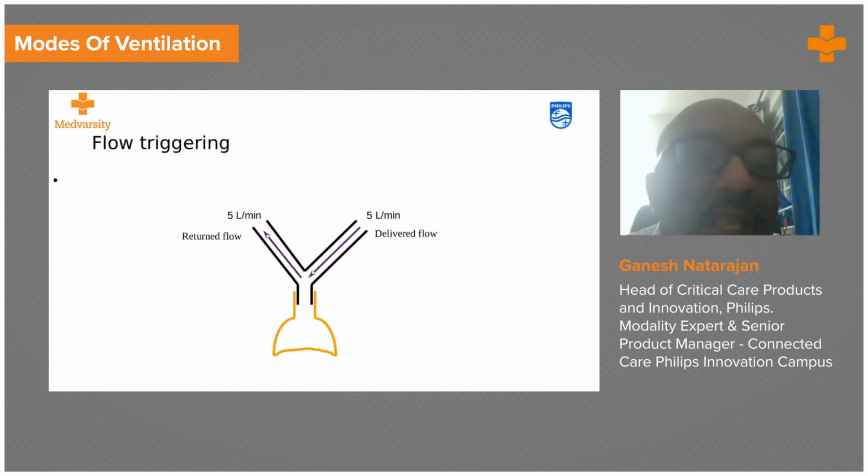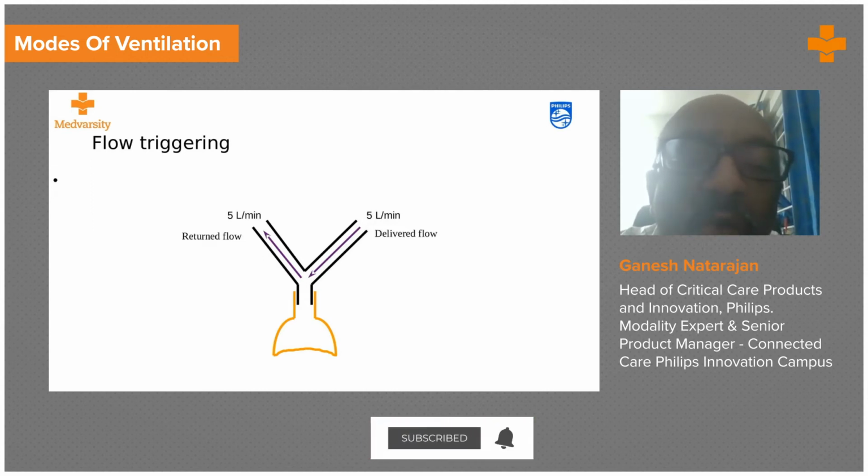Now, let's go to the next kind of trigger, called a flow trigger. Now, what happens in a flow trigger? Again, very similar to a pressure trigger, you set a value of the displacement of flow, which would tell the machine that if this flow is displaced in the circuit, the patient has tried to trigger.